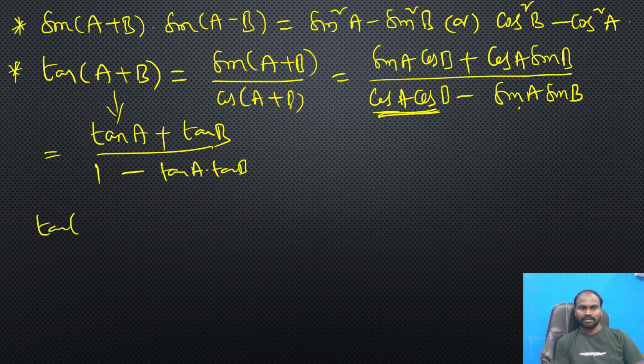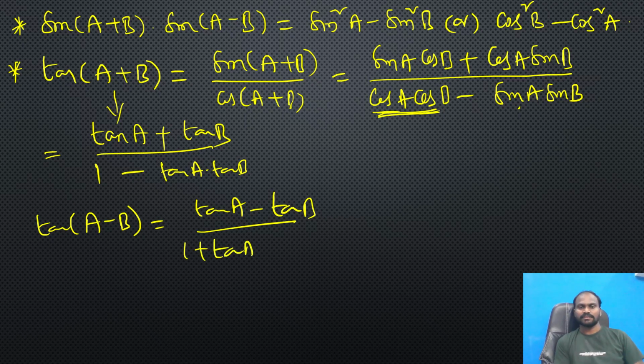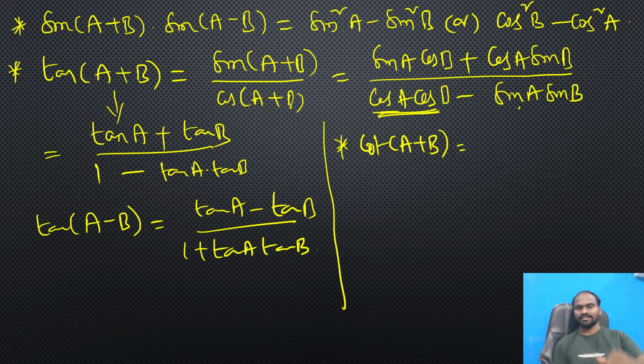Then what is the formula for tan of a minus b? Just replace b with minus b. Anyway, tan of minus theta, we know that it is minus tan theta. So tan a minus tan b by 1 plus tan a tan b. And similarly, if you write for cot of a plus b, reverse, because I can simply write cos by sin.